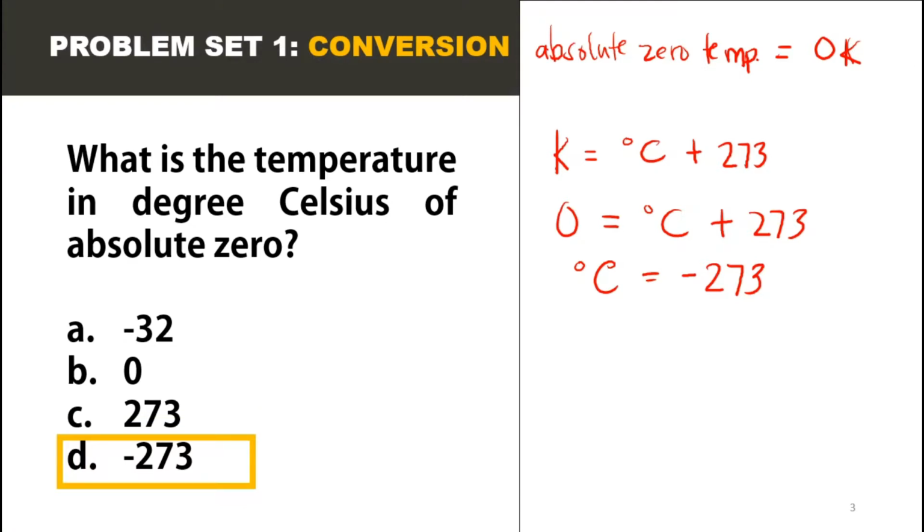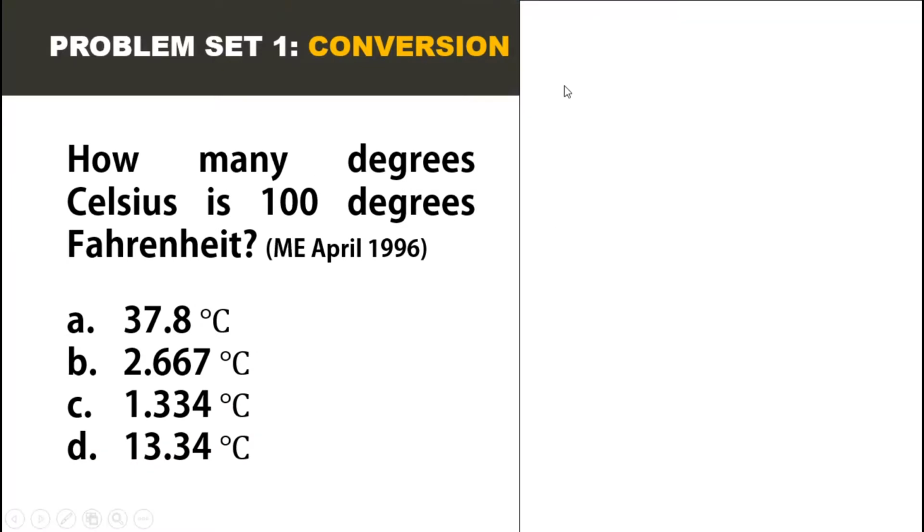So let's proceed. How many degrees Celsius is 100 degrees Fahrenheit? This is actually an ME board question, April 1996. If you don't know the formula for this, you can derive it using the concept of the freezing and boiling point of water at standard pressure.